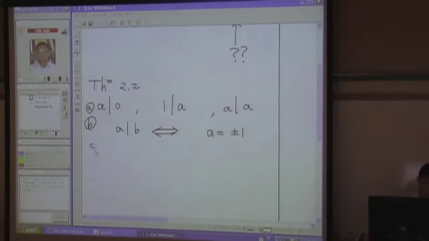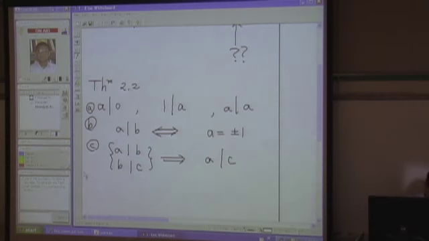And the third thing is, if A divides B, and then B divides C, then A divides C. And it is a little bit different one. It is D, and then C is a different one, sorry.